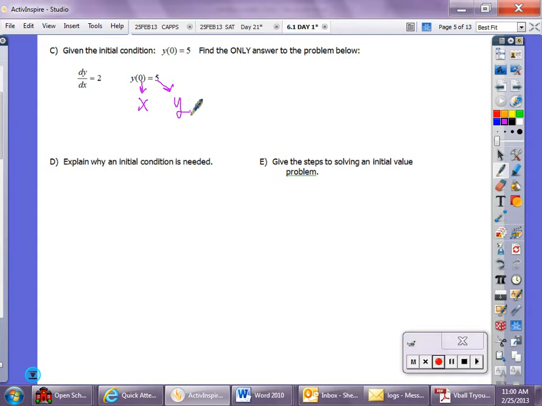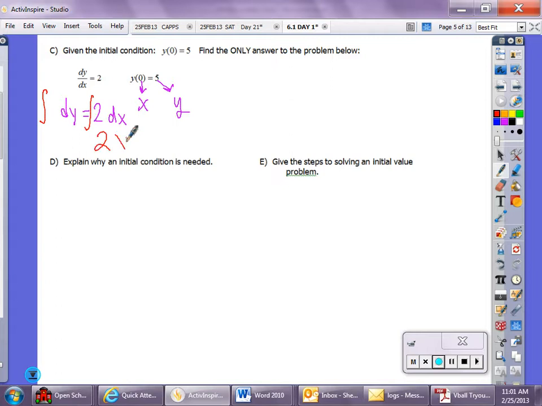First thing I want you to do, I actually want you to multiply the other side by dx. So the problem starts to look like this. And now I want you to integrate both sides. The right side looks more familiar. Most people are very used to that. What's the antiderivative of 2 with respect to x? 2x.